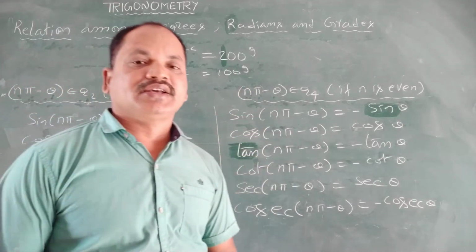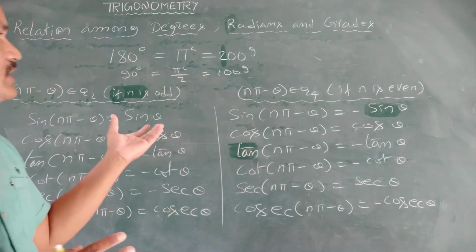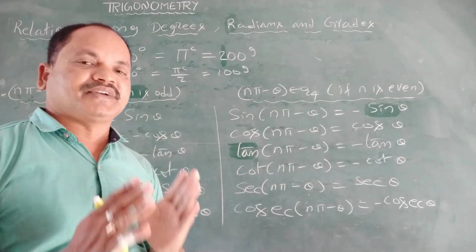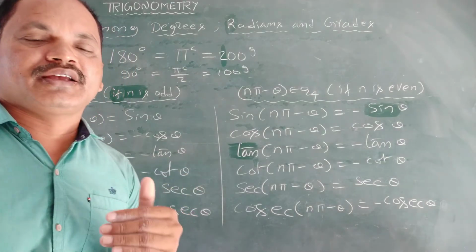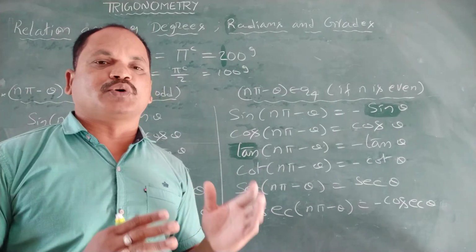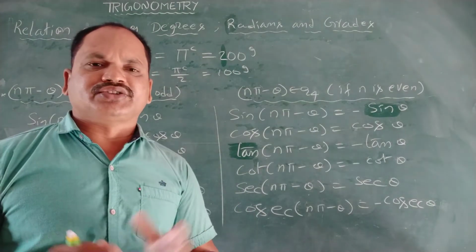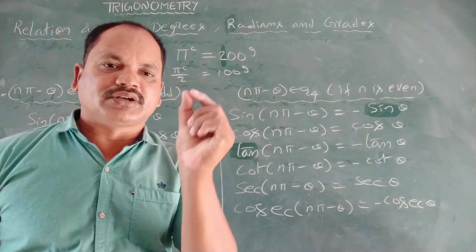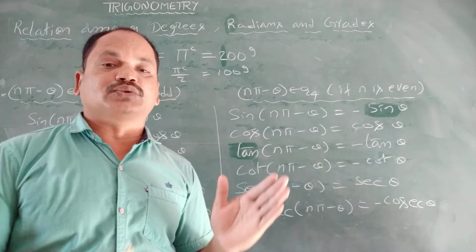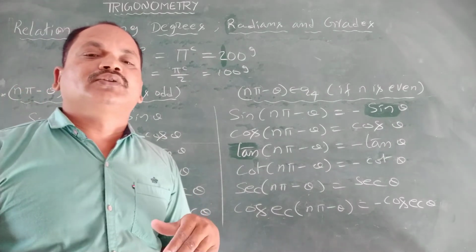Are you clear? Concentrate here. It is very logical: 180 degrees is pi radians. That's why in n pi, n is an odd number. Suppose 2021 is an odd number. There is no need to write 2021; instead of 2021, you have to take 1. So 2021 pi minus theta is equal to pi minus theta.